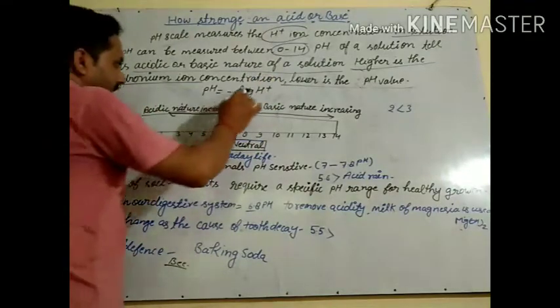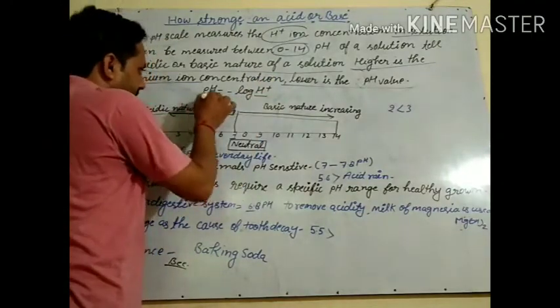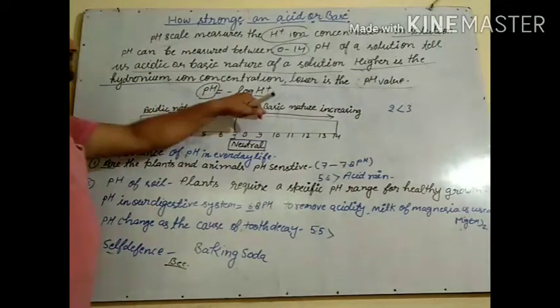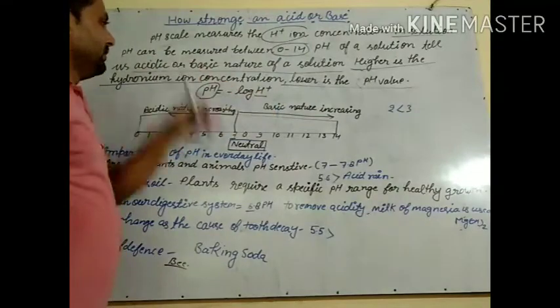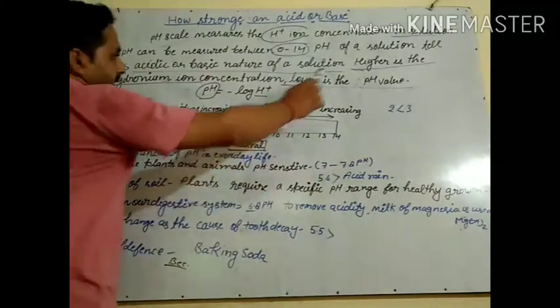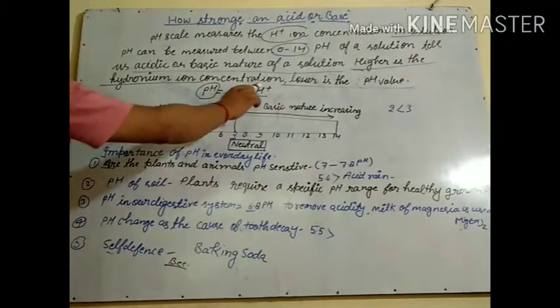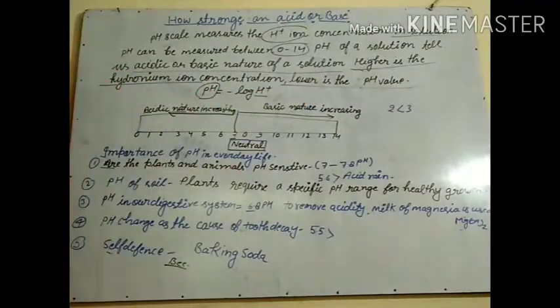It means if this value increases, pH will decrease. If H ion concentration increases, pH value will decrease. So we can say higher is the hydronium ion concentration, lower is the pH value.